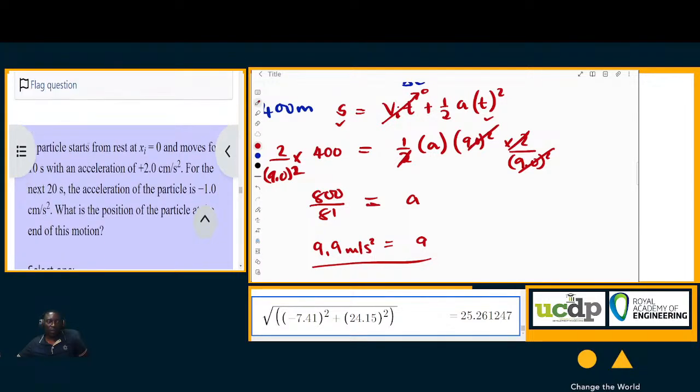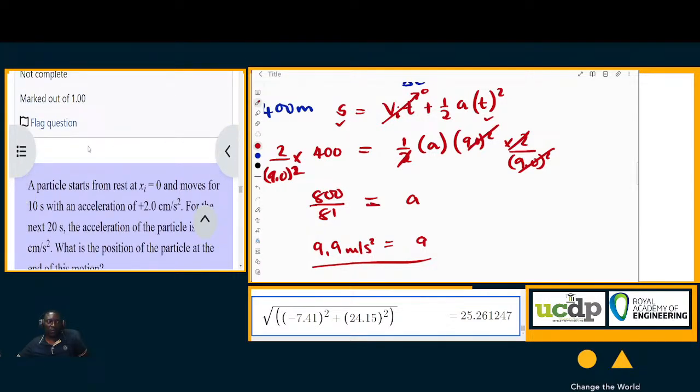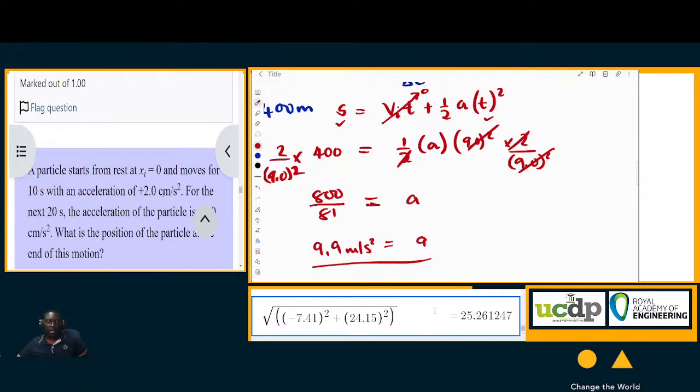Okay, question number 11. For question 11, a particle starts from rest at x initial equals 0 and moves for 10 seconds with an acceleration of 2 centimeters per square second.